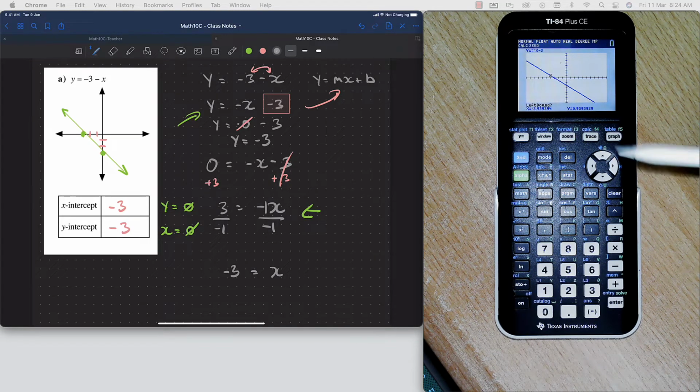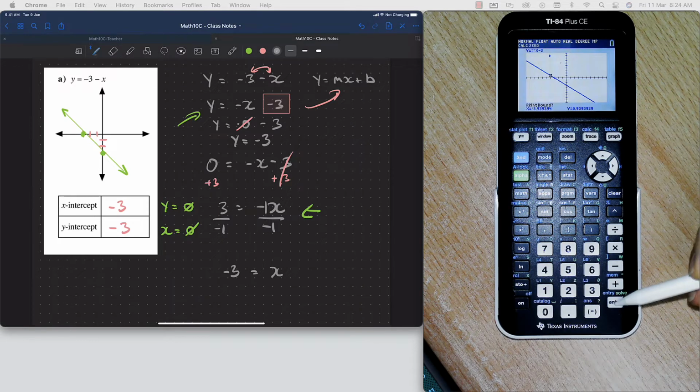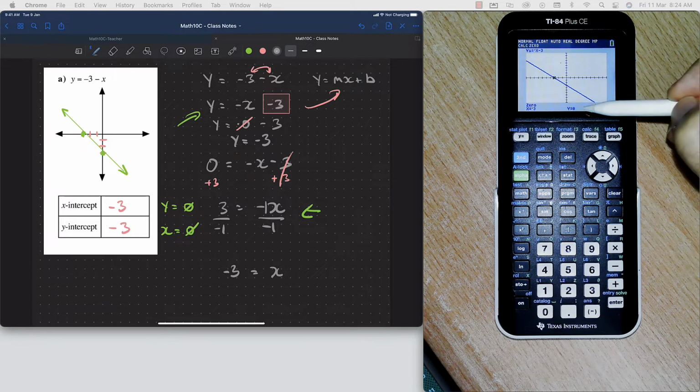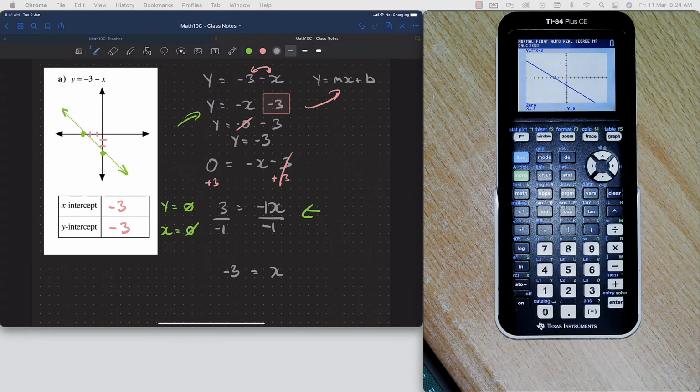So it tells me to go left bound right here. So I'm going to go a little bit left of that, hit enter. It tells me to go right bound, so I'm going to go just a little bit right of that point, press enter. It says press enter again for this guess, and there it is again. When y equals 0, the x-intercept will be negative 3. Okay, so let's move to the next one.